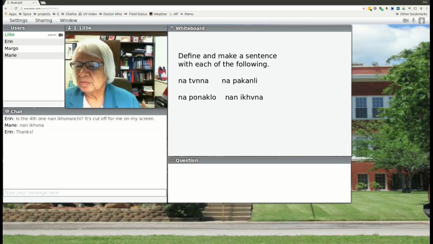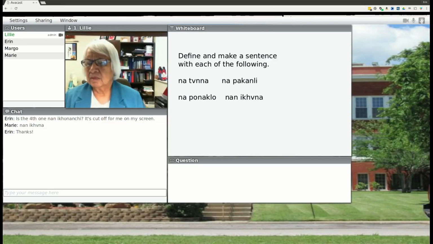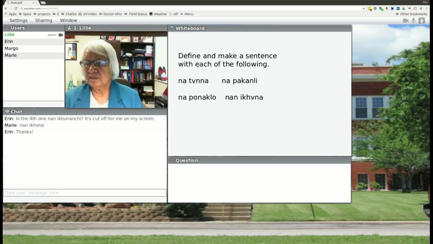Pakali na pakali humma. To me, it says the flower is a red flower. So, like I said, to say the flower has red blooms, I mean, to me, the flower is a red bloom. So anyway, work on that one.